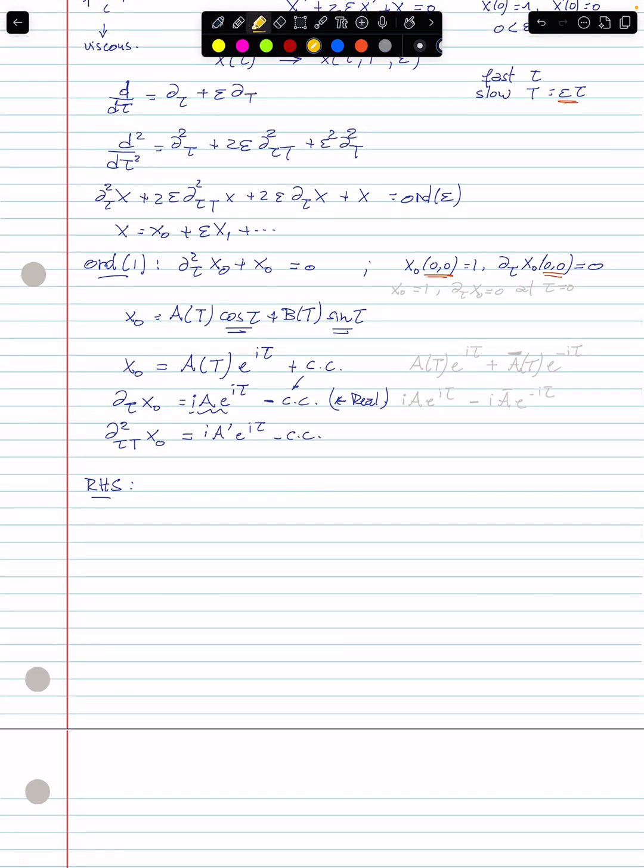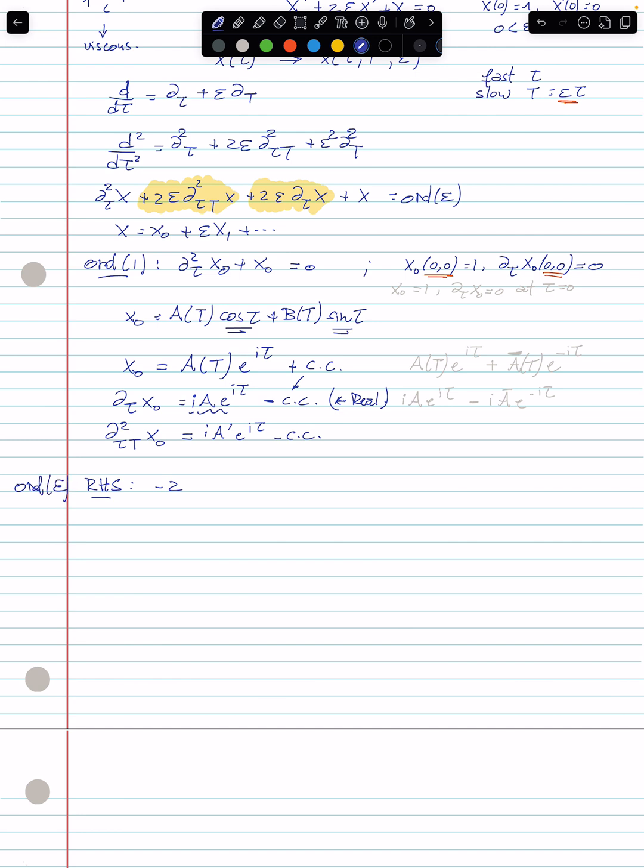And so the right-hand side is going to become, and that's what we did in the previous video, we push this on the right-hand side. All right, so the right-hand side is minus twice multiplied by the sum of the two derivatives. Of course, epsilon drops because this is what we have on the right-hand side at the following order.